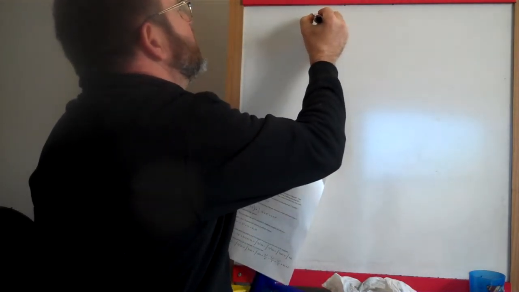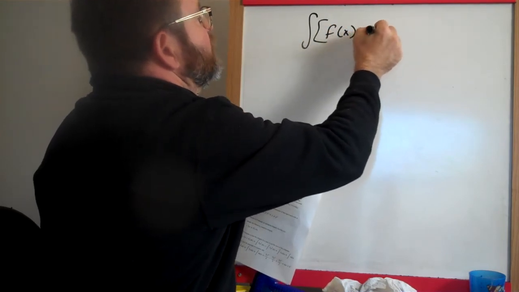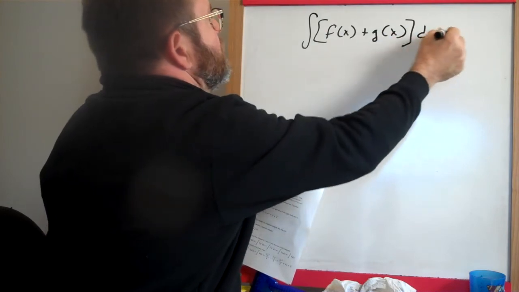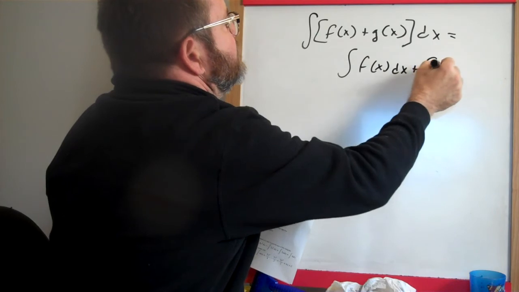For example, the way they wrote it was that if you have the integral of the sum of two functions, that's going to be equal to the integral of the first one plus the integral of the second one.